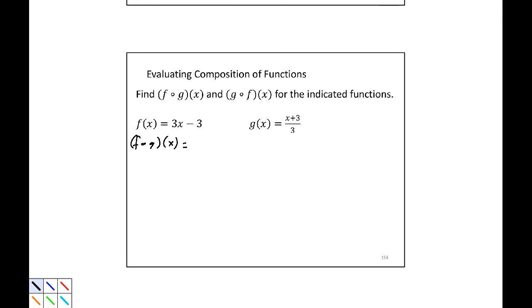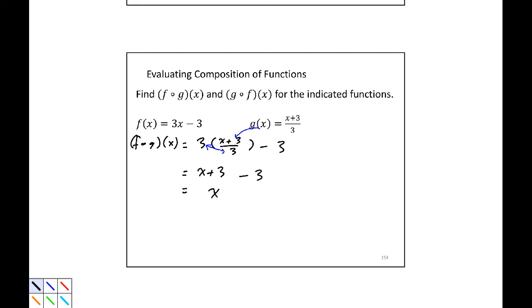I'm going to take my f, 3 times something minus 3, and I'm going to input g of x. X plus 3 divided by 3. Well, perhaps you notice that these 3's are going to cancel, so that this becomes x plus 3 minus 3, which is x. That tells us something very particular, something very special about these two functions.